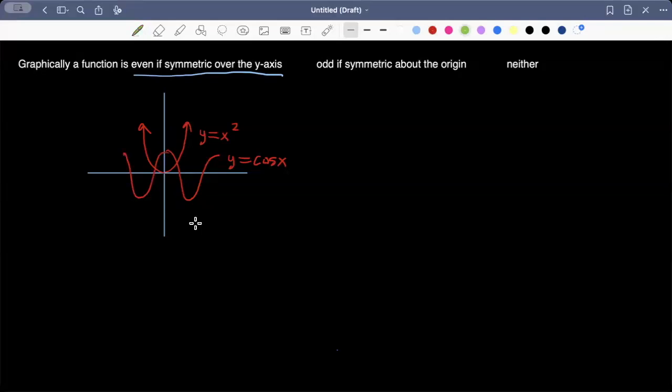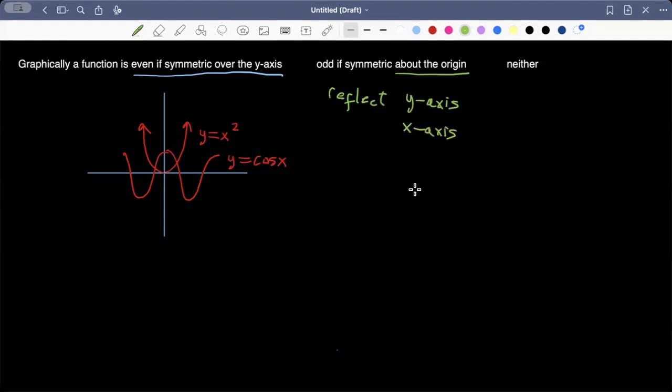Some functions are not even, but they do have some other symmetry. A function is said to be odd if it's symmetric about the origin. When you think about symmetric about the origin, just imagine you do a reflection over the y-axis, followed by another reflection over the x-axis.